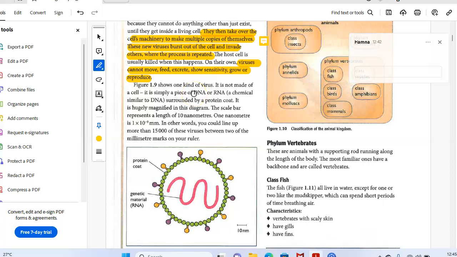So, a virus is not a cell, and it is simply a piece of DNA or RNA, which is surrounded by a protein coat.